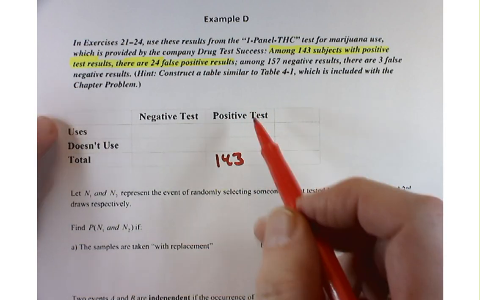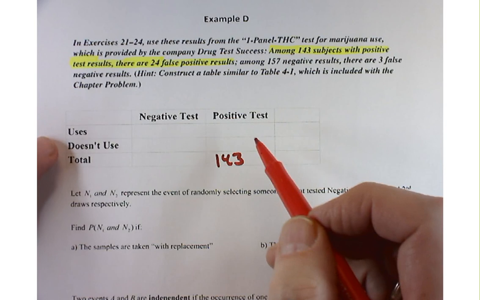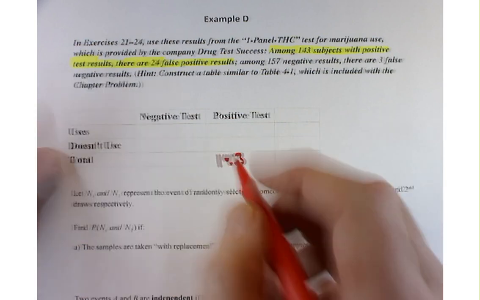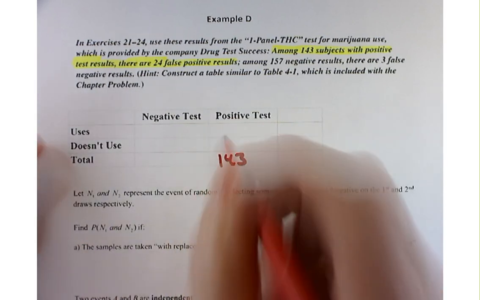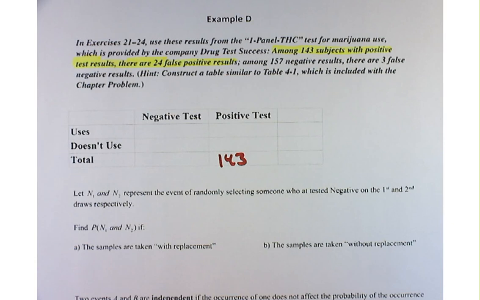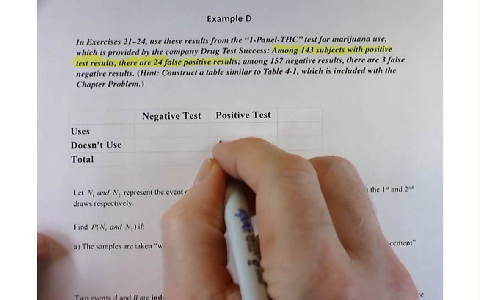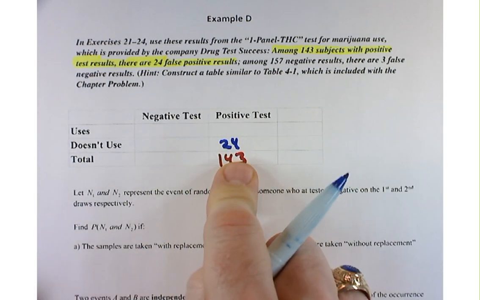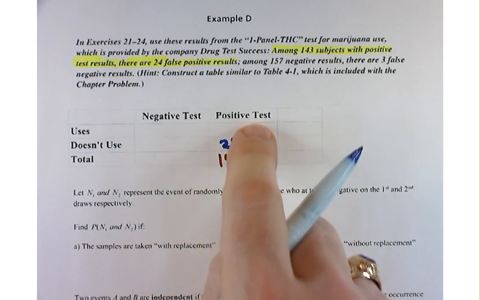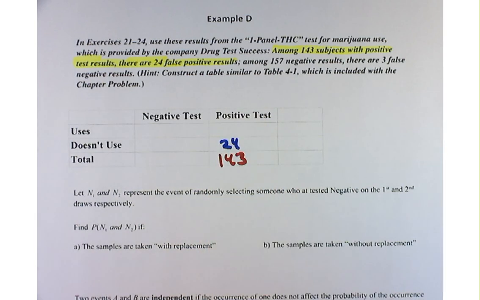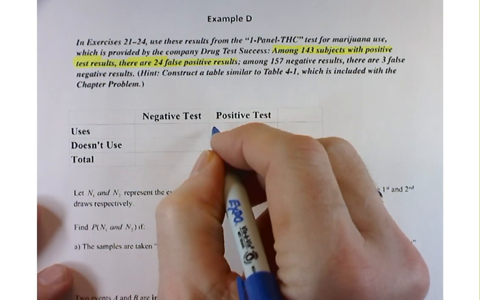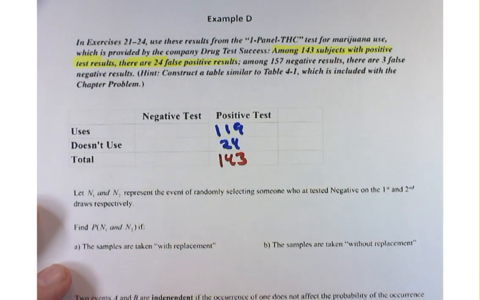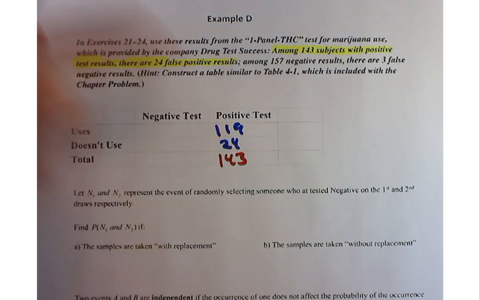Doesn't use it, positive test. So that's going to be 24 here. Now, if there's 24 here, how many have to be true positives? How many have to be up above there? 119, and you get that by subtraction. Great. So that's that first column.